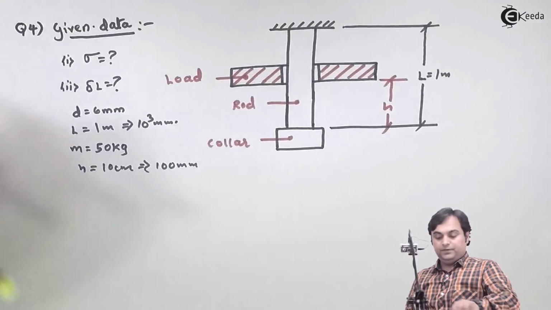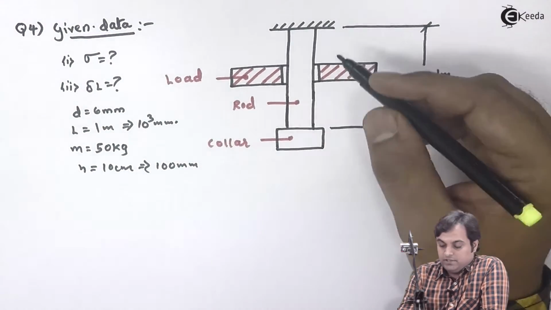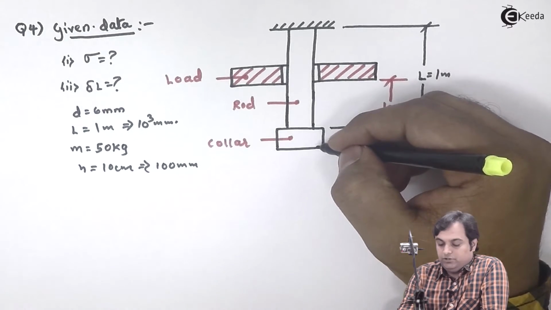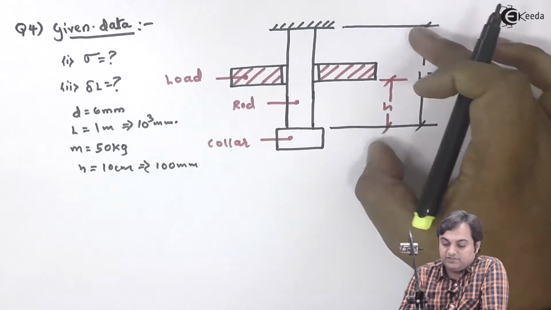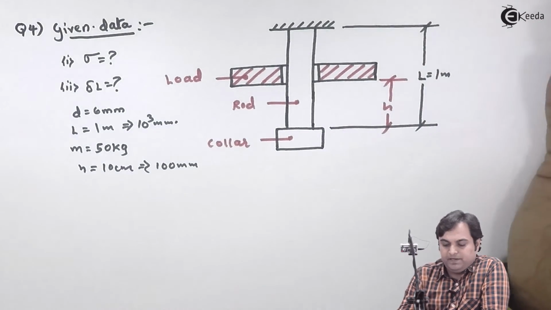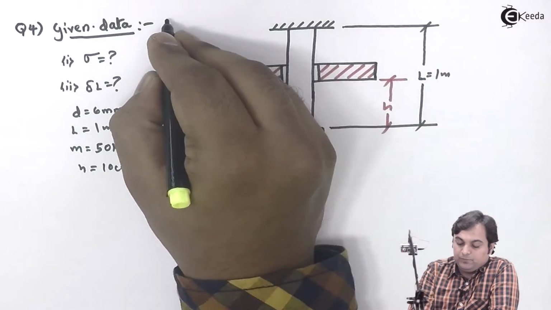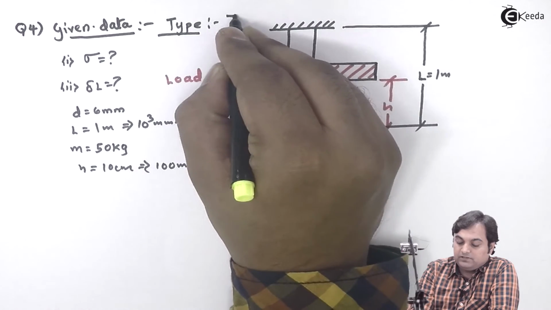So here we can see that we have a rod whose one end is fixed and the other is attached to the collar. On that collar a load is falling from a height. So easily, looking at the diagram, we can say that this case is of impact loading. So the type of the problem is impact loading.